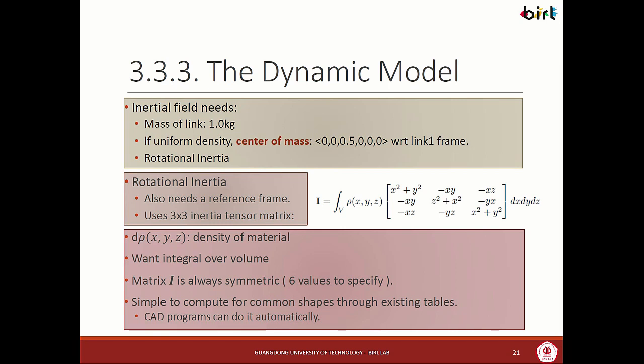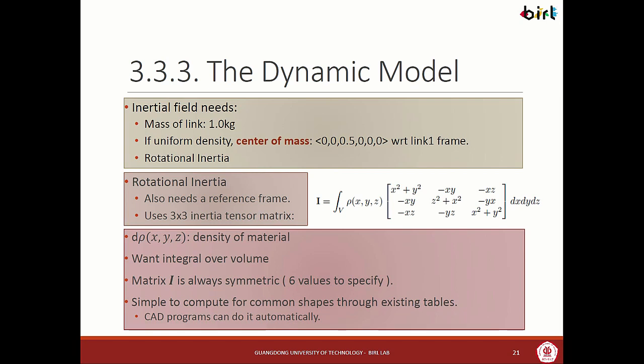So this we call the inertia tensor matrix. It's a 3 by 3. Now if you notice, this is a symmetric matrix. These two are the same. These two are the same.